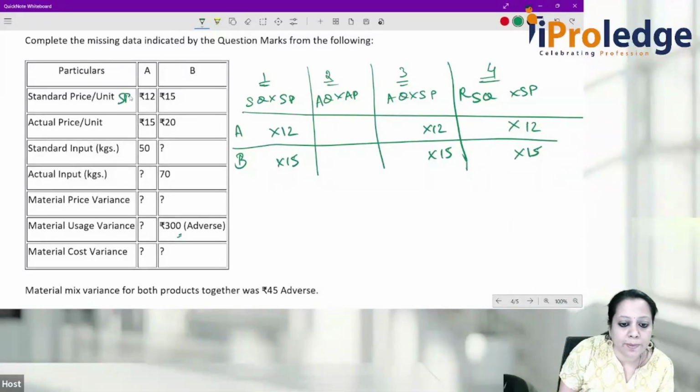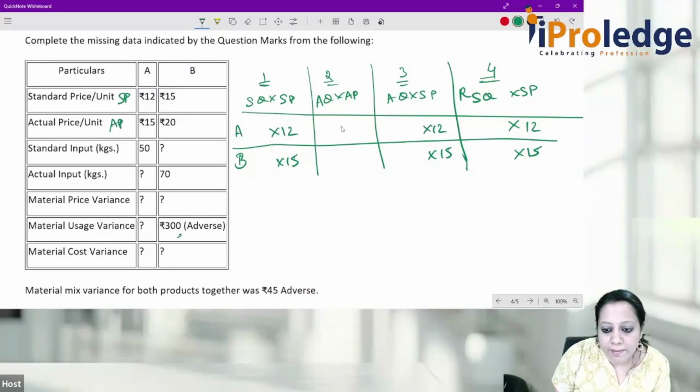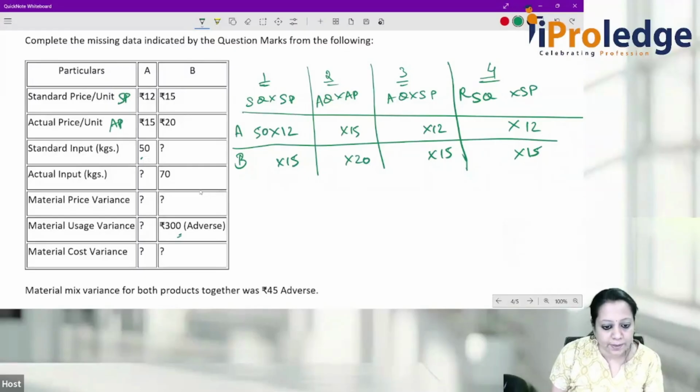AP, only in one place we have AP, that also I have substituted. Standard input for A is given, so that is going to be 50. Then actual input for B is given, that is going to be 70. So here also AQ is there, that also I'm substituting.